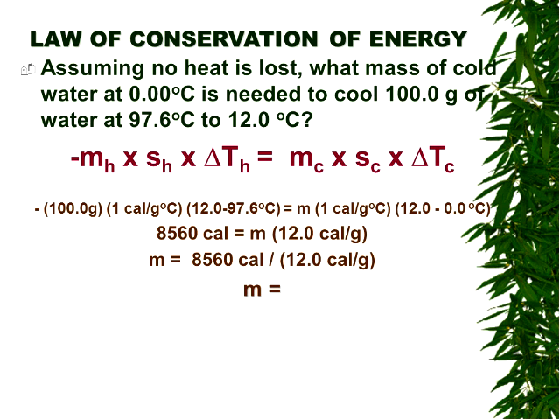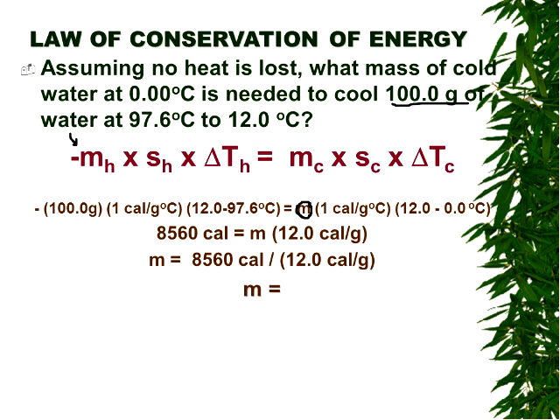So we're going to do this once, okay? So look at this. Assuming no heat is lost, what is the mass of cold water needed? One of these is going to have a mass that needs to be found, which is leaving this one here. It gives you the temperature, needed to cool 100 grams.